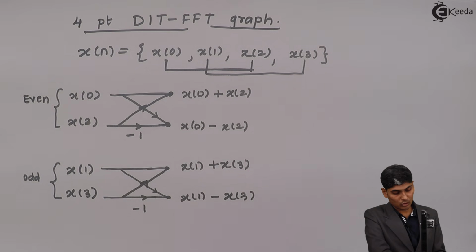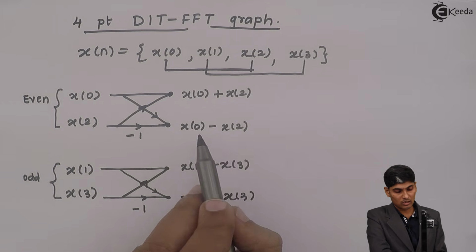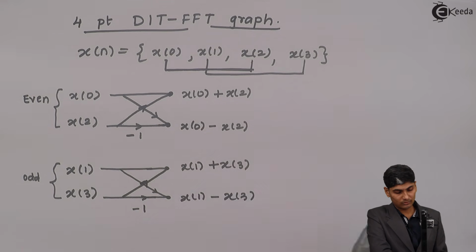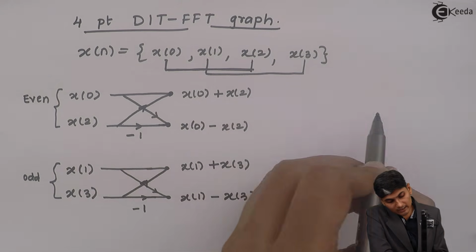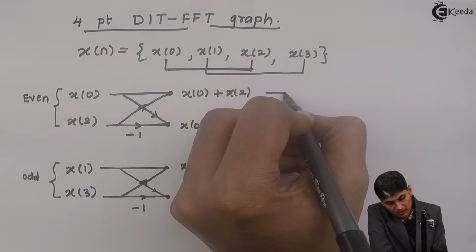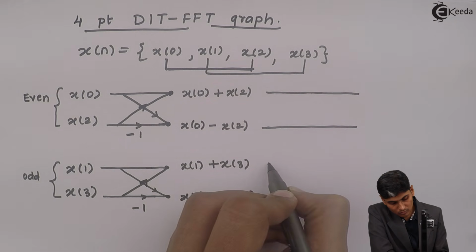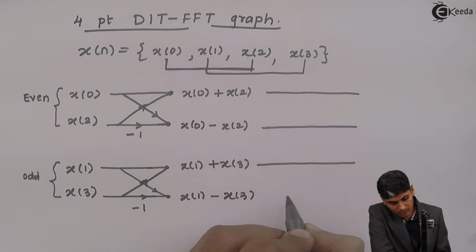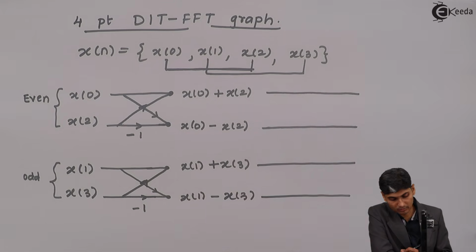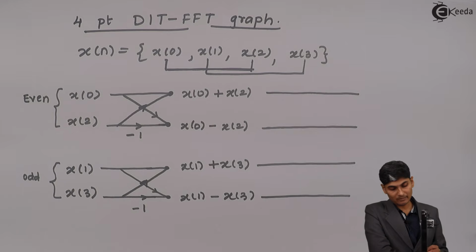So now I got 4 new samples: x of 0 plus x of 2, x of 0 minus x of 2, x of 1 plus x of 3, and x of 1 minus x of 3. Taking these as input, I will now get 4 inputs: 1, 2, 3 and 4.